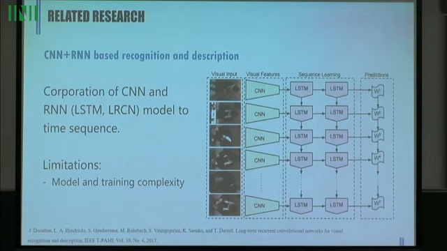This is a very typical deep learning based model for long event or long sequence understanding. They reach very nice results, but the major limitation is this model is very complex, and they usually require hundreds of hours of training, and the model size is very large for small hardware to implement. So this is the biggest challenge for this kind of framework.